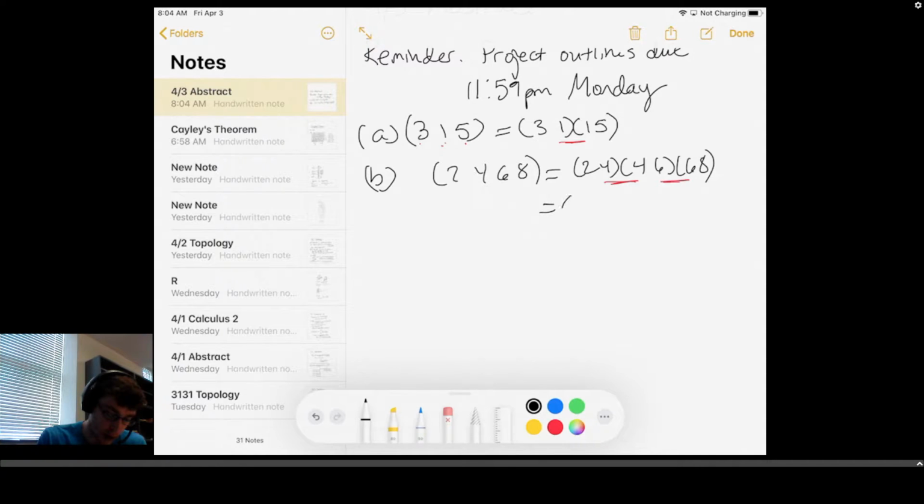Another way you can write this is (2 8)(2 6)(2 4). Basically, you can fix your first guy, right? You have the 2 showing up in all of them. But then, remember, you're reading right to left. So what this does is it sends 2 to 4, which is what you want to do. 4 no longer appears.